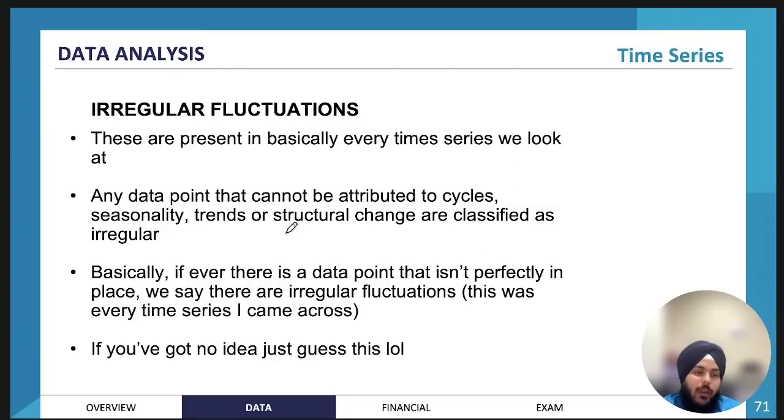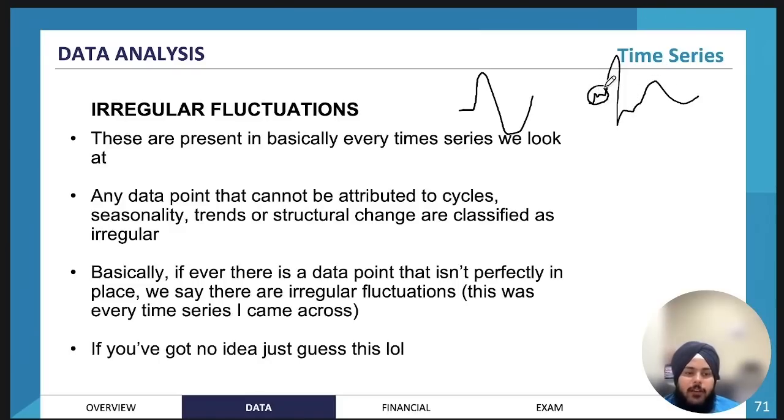These are inconsistencies in the data. So whilst we might represent a seasonality graph to look something like this, it might look something like this. Although we have that seasonality pattern, we can see these fluctuations, which is what the irregular fluctuation is.